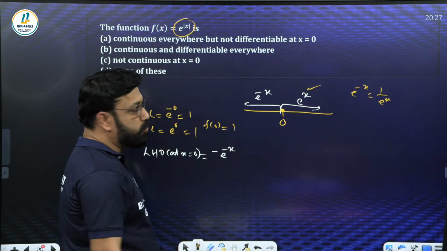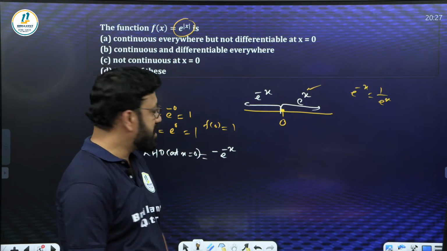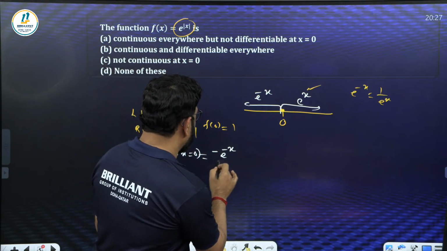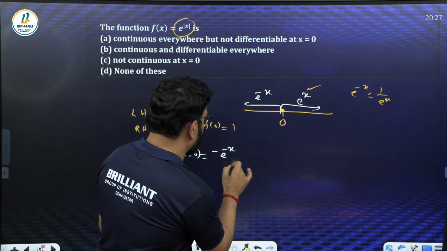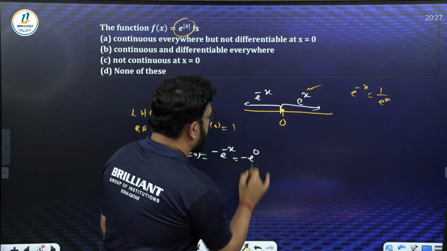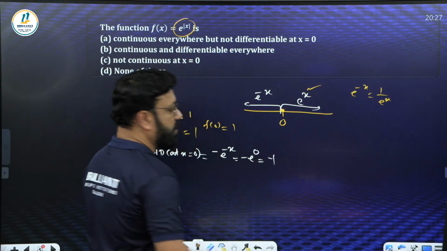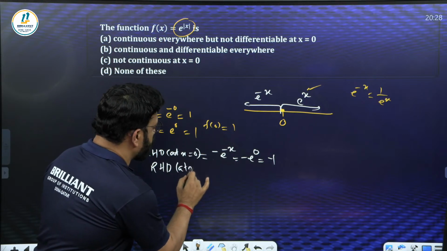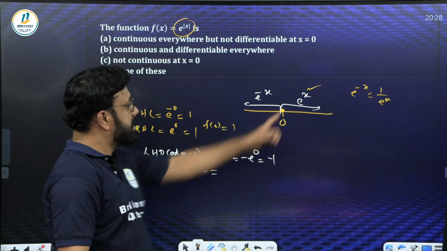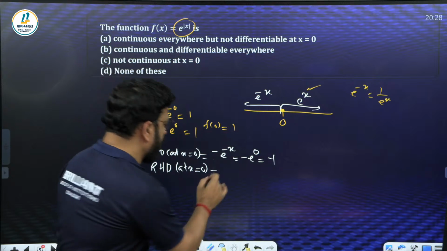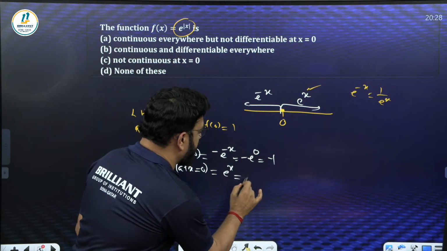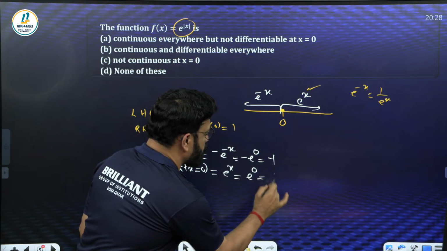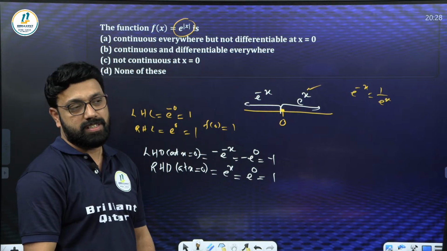At x equal to 0, this goes to minus e raised to minus 0, which is minus 1. RHD at x equal to 0: the derivative of e raised to x is e raised to x itself. Applying x equal to 0, e raised to 0 equals 1.